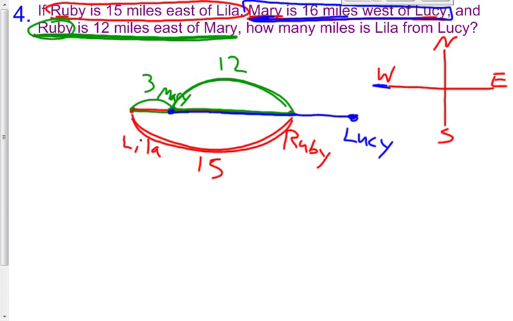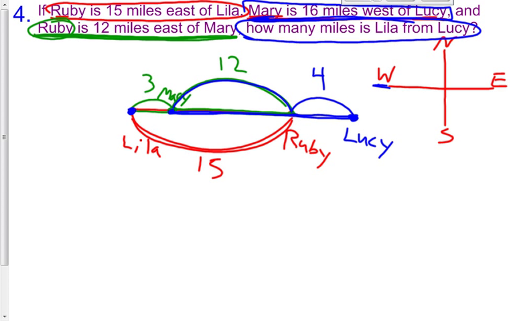Mary is 16 miles west of Lucy. Here's Lucy, 16 miles west, there's where Mary is. So from here to here is 12. From here to here is 4. Because 12 and 4 make 16. Whew! So, the question that remains, how many miles is Lila from Lucy?